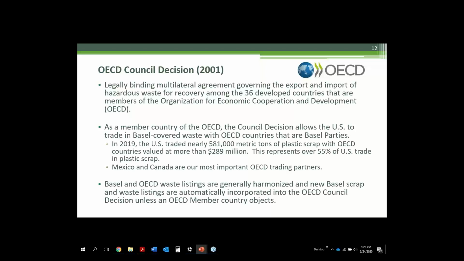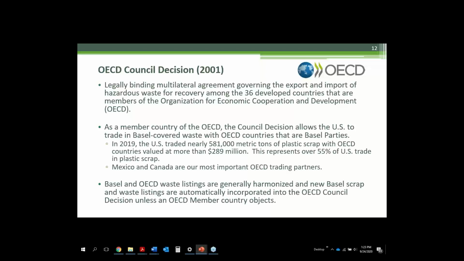And in 1992, they put a legally binding agreement in place, which is called the OECD Council decision. The idea at the time was to have a consistent import-export approach for shipments for recycling and recovery among the OECD member countries.